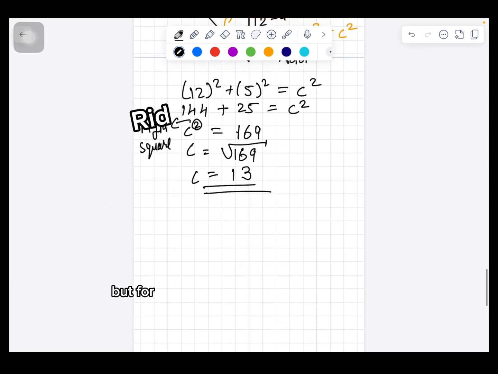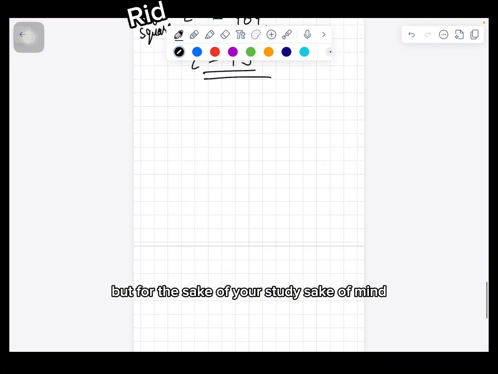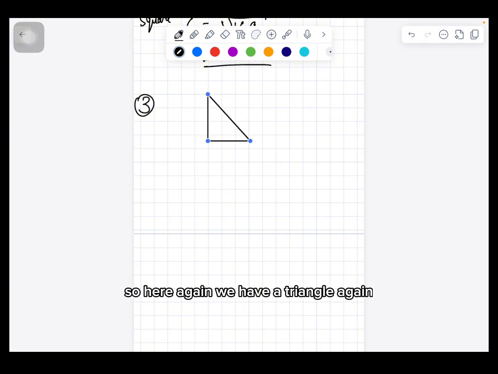But for the sake of your study, we'll do one more last example, which will be a different one. So here again we have a triangle.